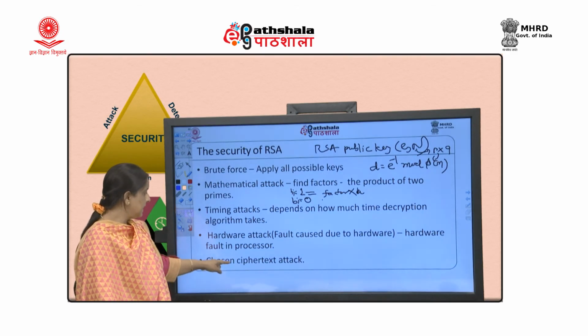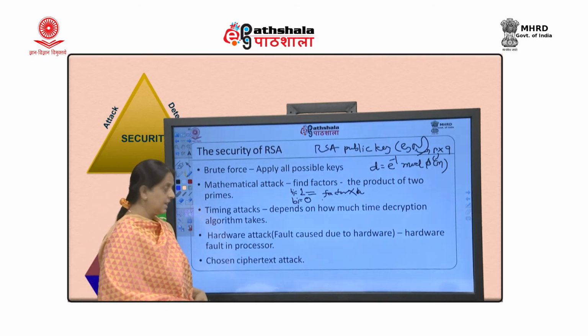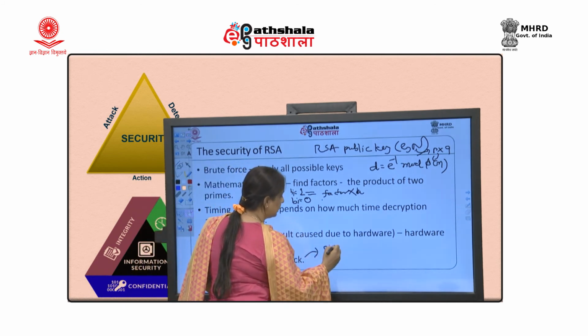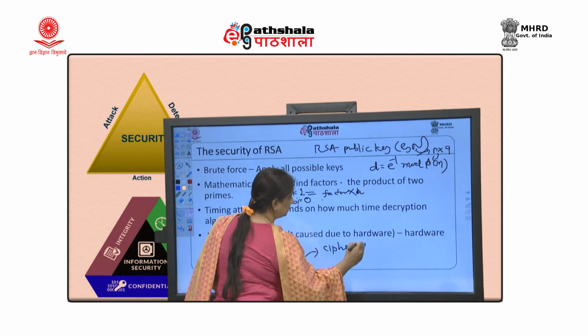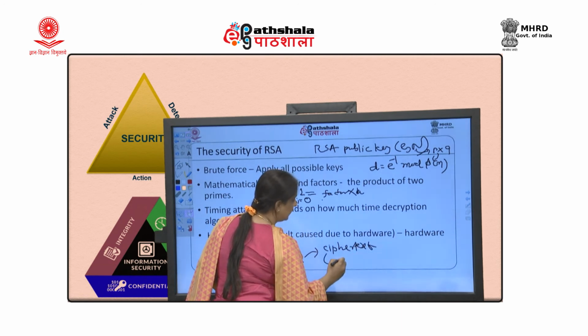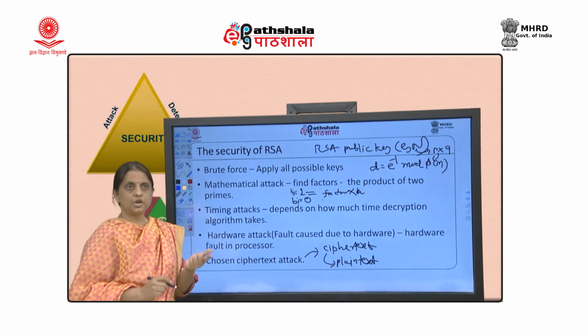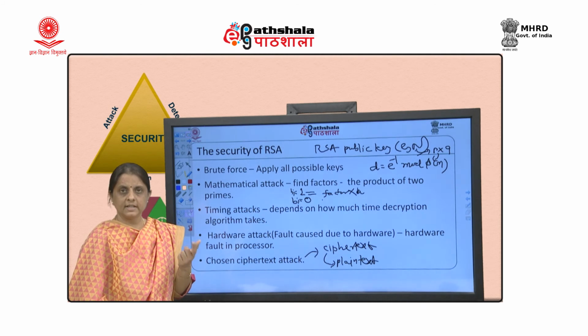The last attack is the chosen ciphertext attack. This says that the attacker has chosen a ciphertext, and for that he is given the plain text pair. So, for the attacker's choice of ciphertext, the plain text pair is given.